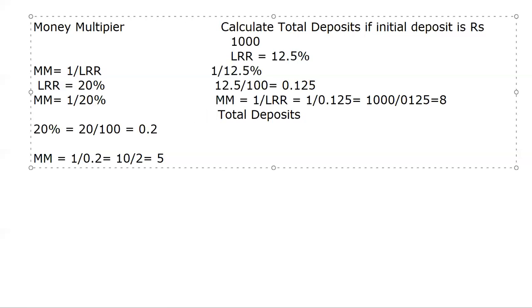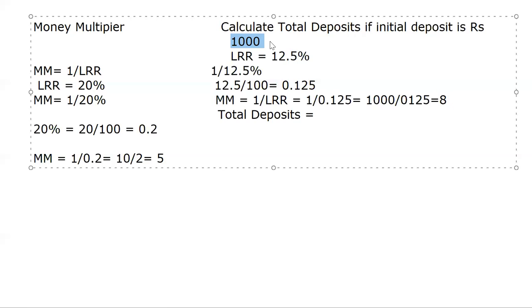Total deposits would be equal to, as we have already discussed, money multiplier gives us the value for how many times the banks can create the money into the economy. It means if we have to find out the total deposits, it means how many times of the initial deposit.